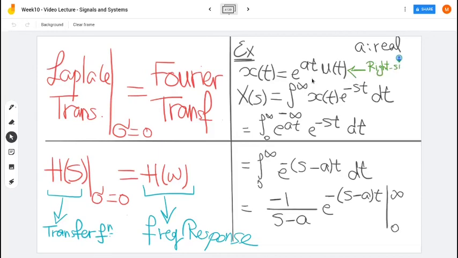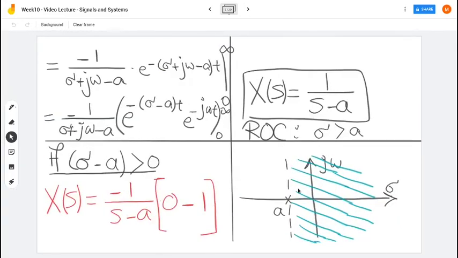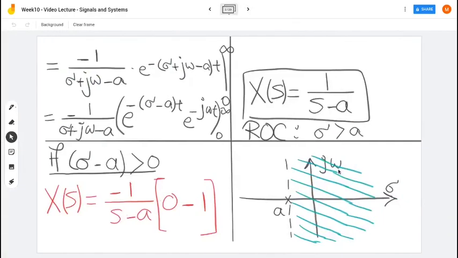So if we have a signal that's right-sided, the region of convergence, as a matter of fact, will also be right-sided. How's that? If you take a look at the region of convergence, it is to the right of the value a, so it's right-sided as well. So again, if you have a right-sided signal, you will get a right-sided ROC.